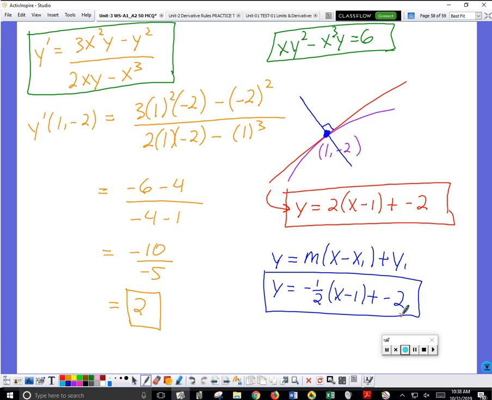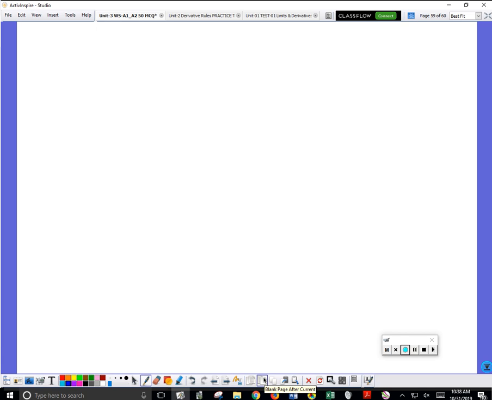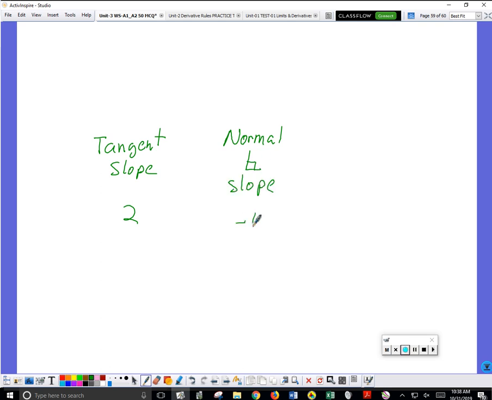Wait, Christian, what's a reciprocal? Say again. Reciprocal, what's that? So here's examples. If you find a tangent slope at some point that has a value of, in this case, 2, then the normal or perpendicular slope will be negative 1/2.